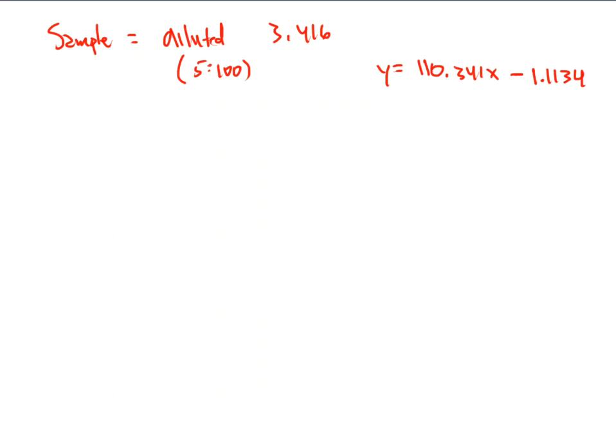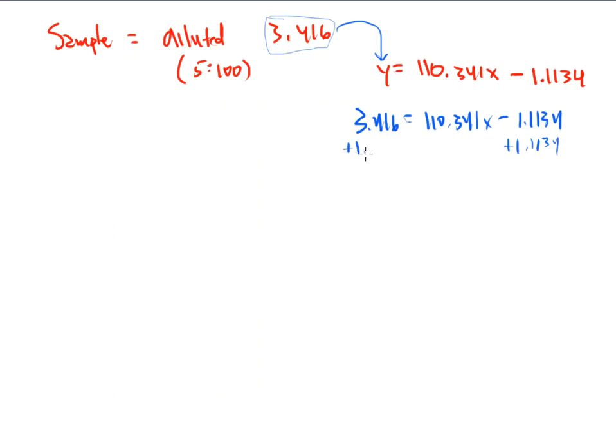Okay. Treat this like any other calibration curve at this point. This is my signal. My signal goes in for y, because that's typically how I make calibration curves, right? So 3.416 is equal to 110.341x minus 1.1134. So I'm going to add 1.1134 to each side.